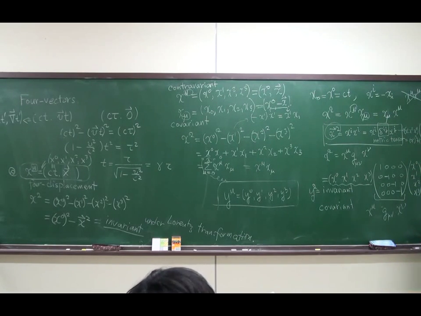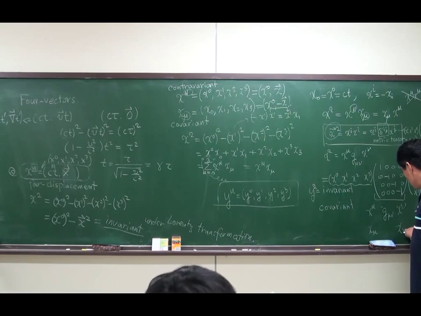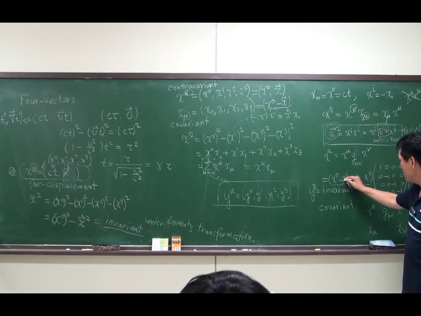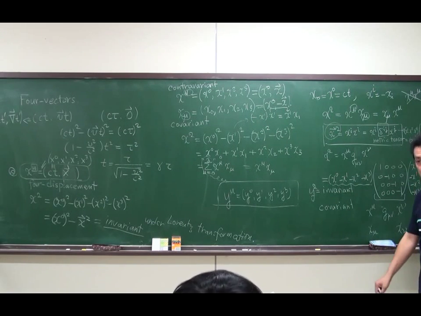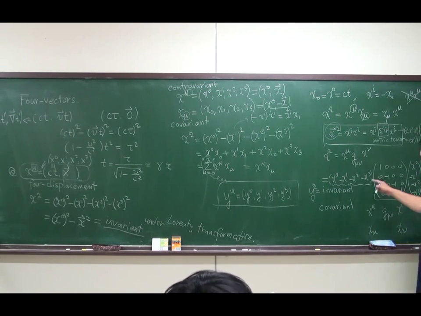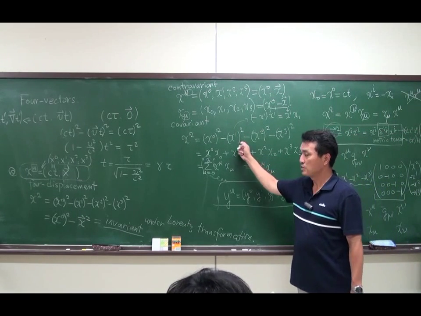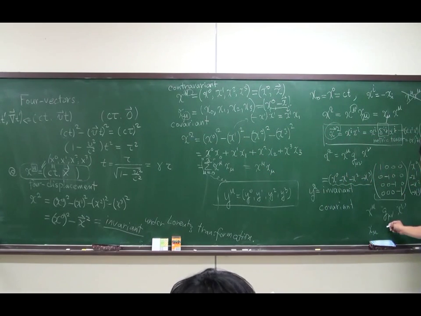Okay. What happens if I make use of x_μ x_ν? Then they will become minus, minus, minus, minus, minus, minus, right? In order to have the same answer, or the squared value, our g^μν, because this mu is down, this mu must be up.